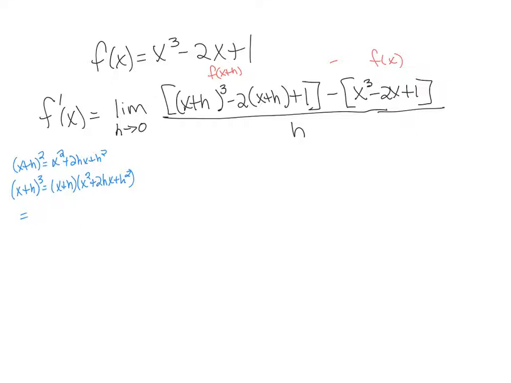And that's going to give me, first I'm going to distribute the x. You only need to do this once. And now I'm going to distribute the h through everything. And I'm going to get plus hx squared plus h squared x.